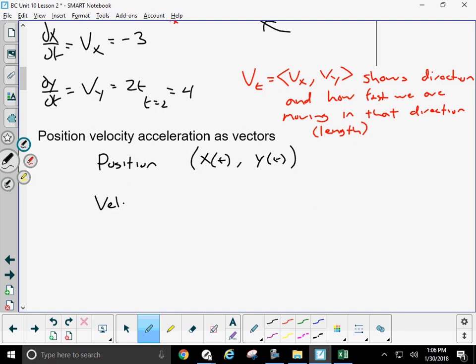We know if we take the derivative of x, we get dx dt. Well, now we could also call that v sub x. And the derivative of y, dy dt, we could call that v sub y. And we can list it off together to talk about v sub t, our velocity at a specific moment in time for a two-dimensional particle having an x velocity and a y velocity.